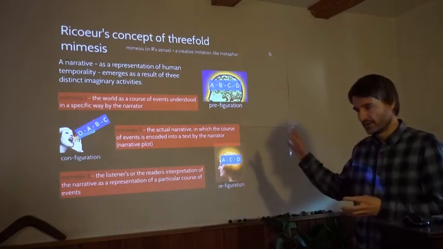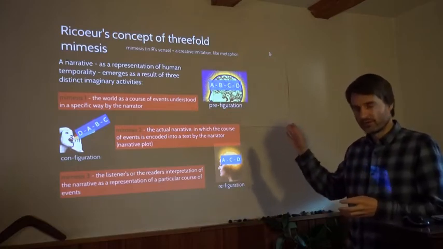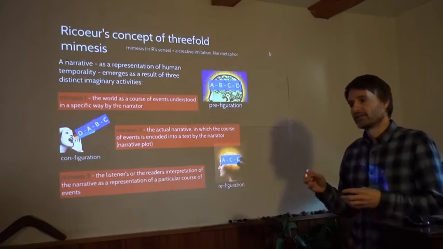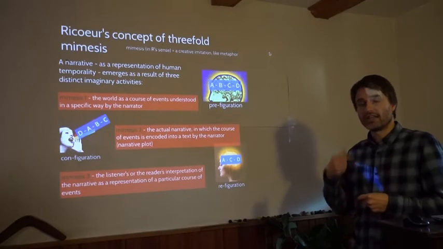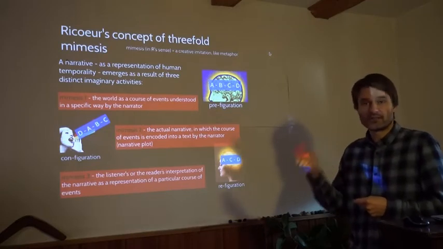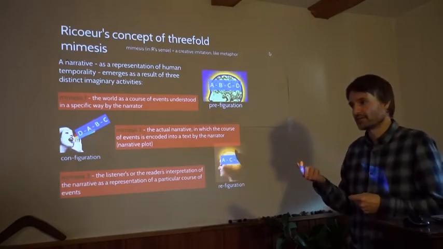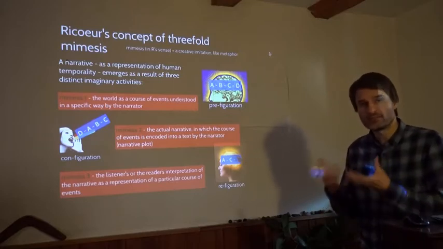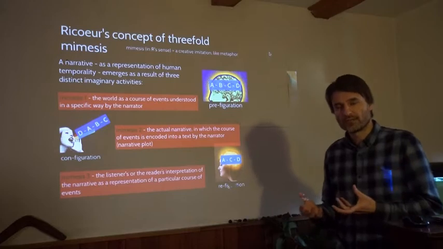So we know that some sequence of events happened, and we realize that to be tellable as a story, as a narrative, we must make it interesting and understandable for our listeners.